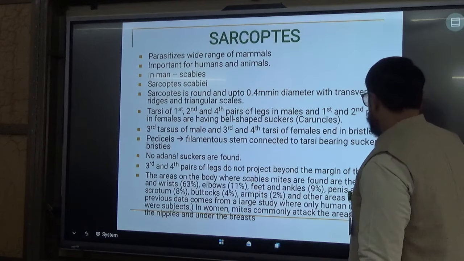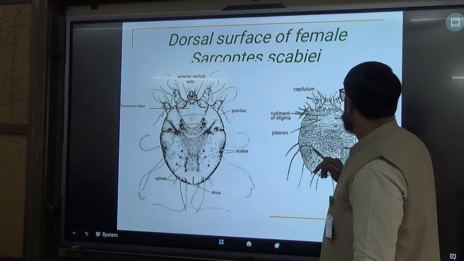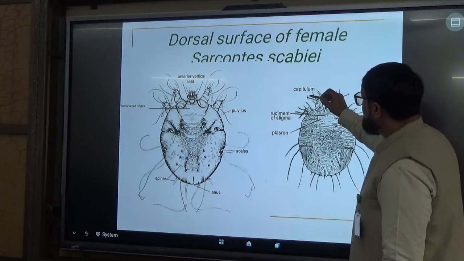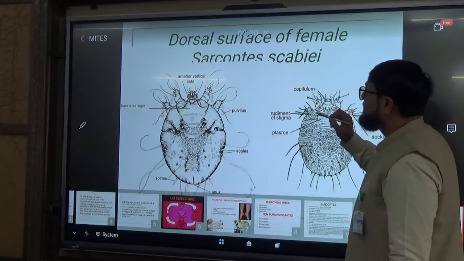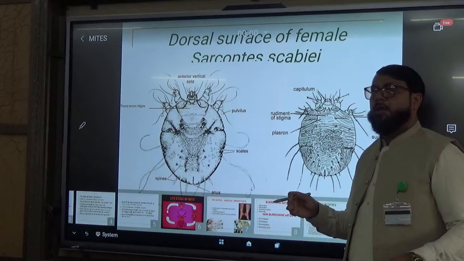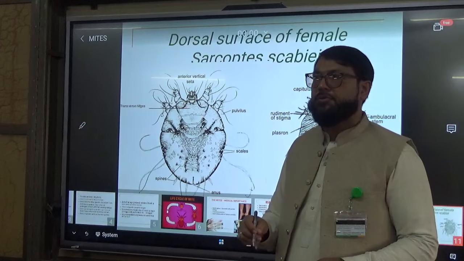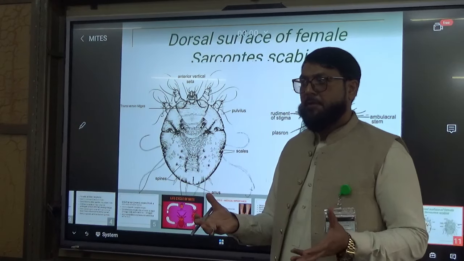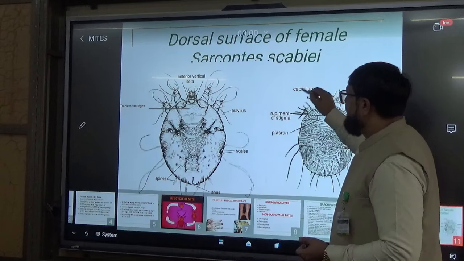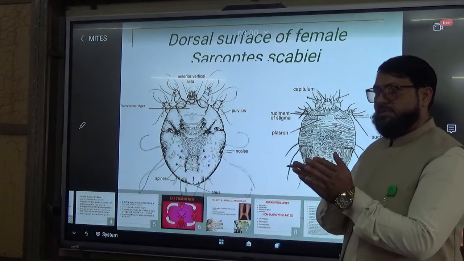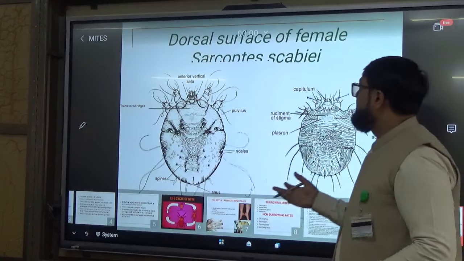So once again, if we closely look, the ending part of the sucker looks like a bell, like in statistics the normal distribution that is called the bell-shaped curve, because it looks like a ringing bell. So at the end, these have bell-shaped suckers, which are narrower at the base, and as they proceed towards the terminal part, they are wider. That is the morphology of the sucker in Sarcoptes.